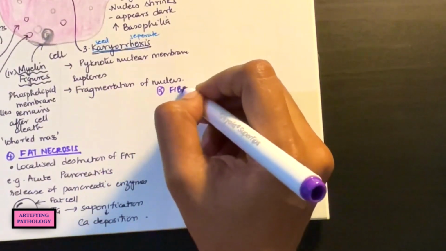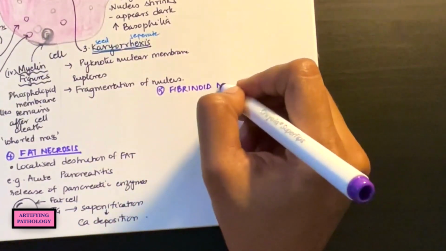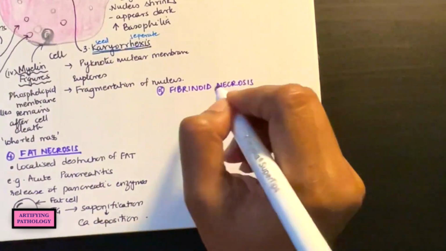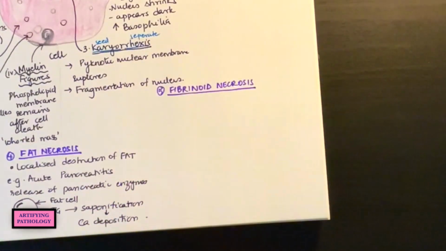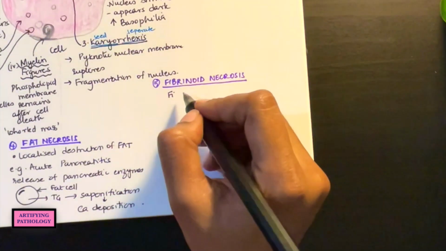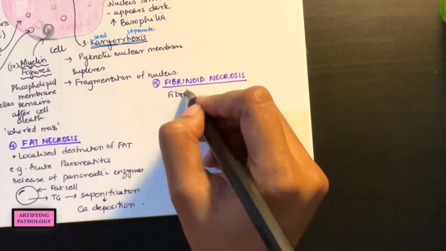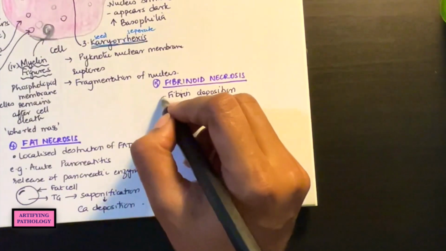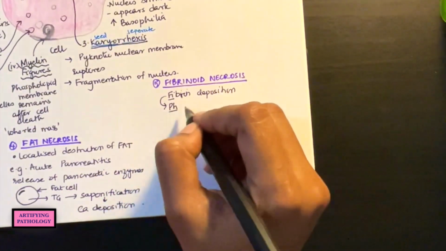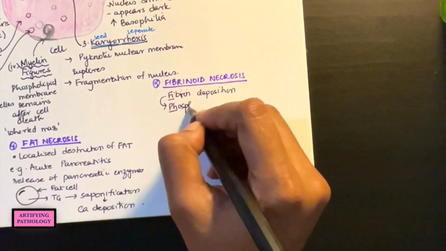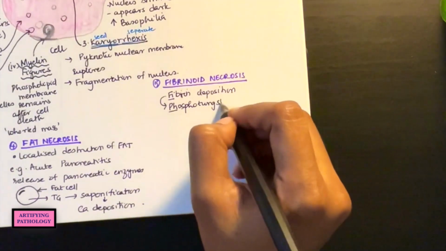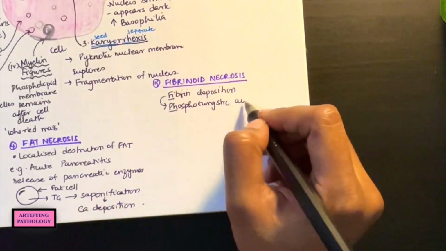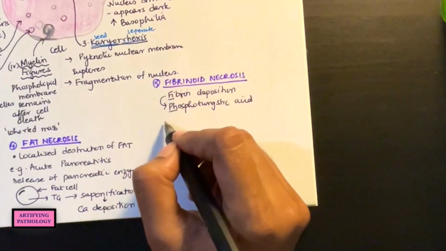Next we have fibrinoid necrosis. In fibrinoid necrosis, as the name suggests, there is deposition of fibrin. We can use a special stain to stain fibrin, and that is known as phosphotungstic acid stain. It is a special stain for staining fibrin.